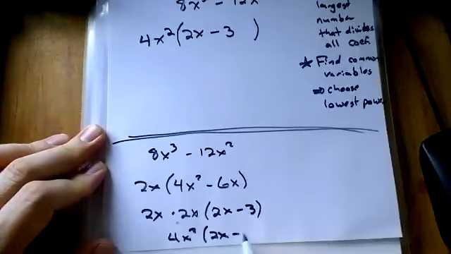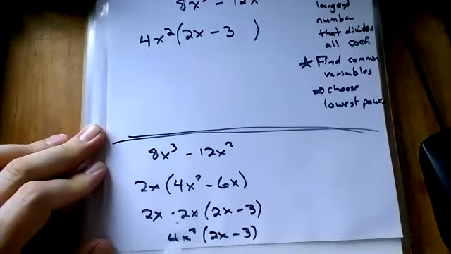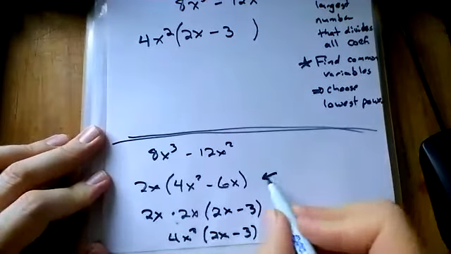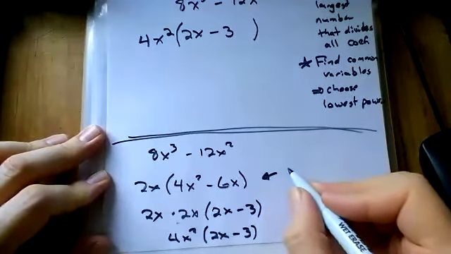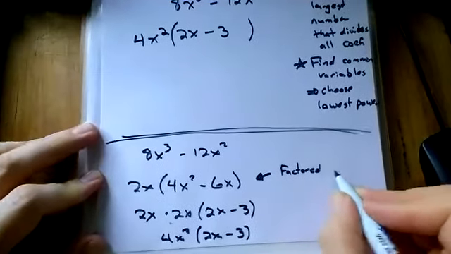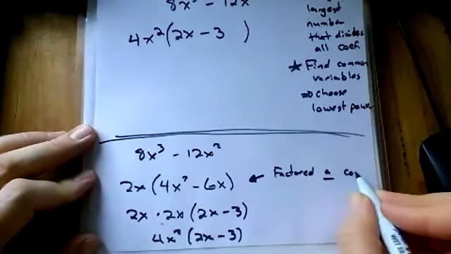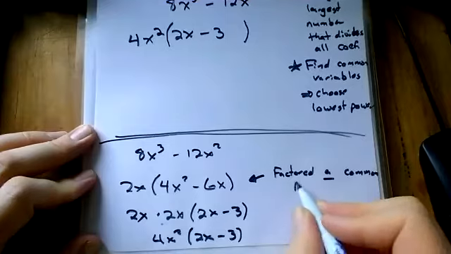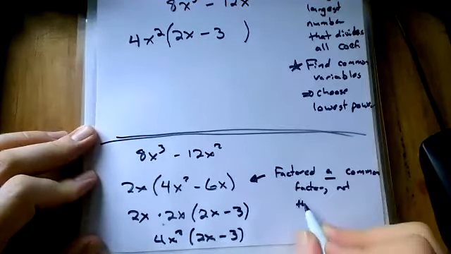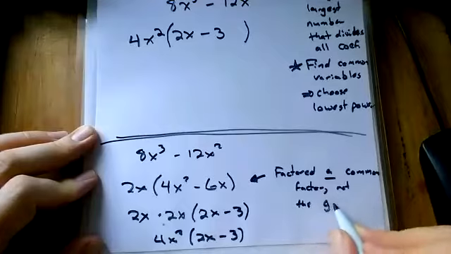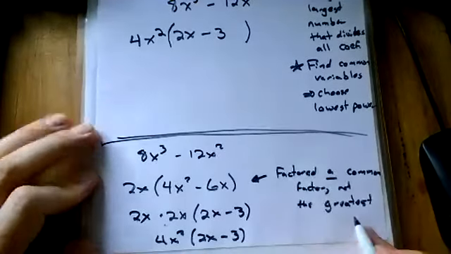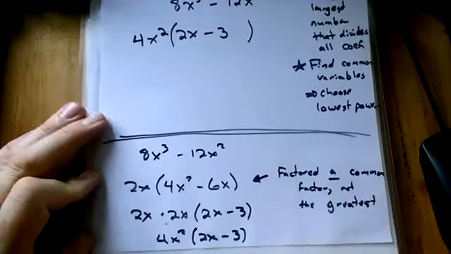So if you don't get your greatest common factor at that first pass, like we did here, so here we factored a common factor, not the greatest. And greatest just means the biggest one that we can legally pull out.